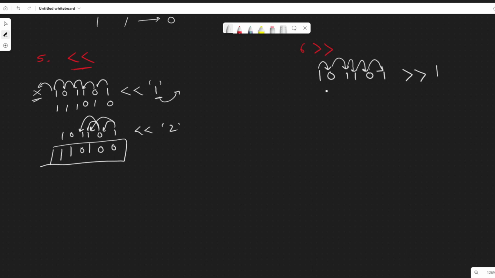So how will it look? This moves to this position, this moves to this position. No, this is 1 and 1. Sorry, I went wrong. This is 0. So how does it come out to be? This.